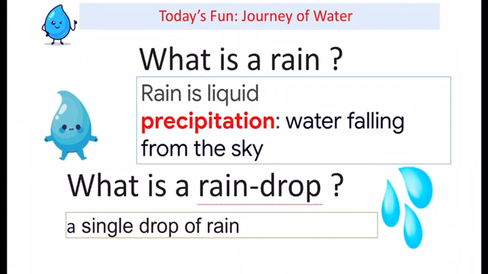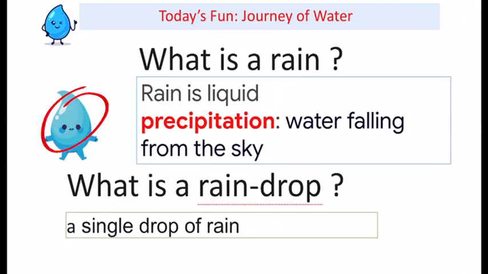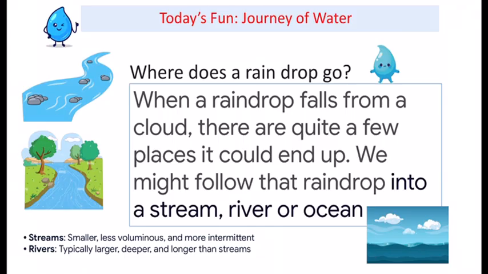What is rain? Rain is liquid precipitation, water falling from the sky. What is a raindrop? A single drop of rain. Where does a raindrop go? When a raindrop falls from a cloud, there are quite a few places it could end up.